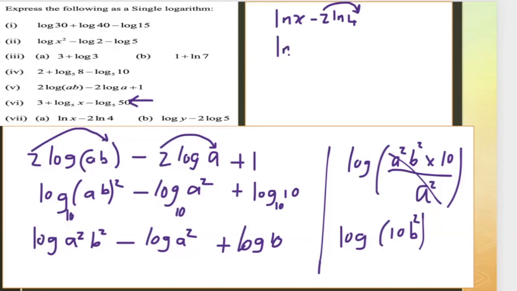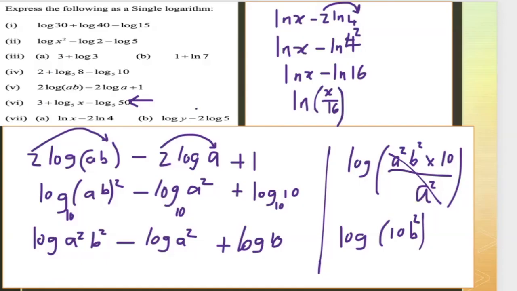So you have ln x minus ln 4 squared, which is 16. So you have ln x minus ln 16. Write the ln once. Then you have x in the numerator, 16 in the denominator, and that's it. So these two you can do on your own.